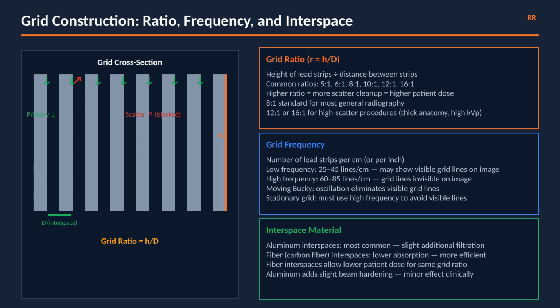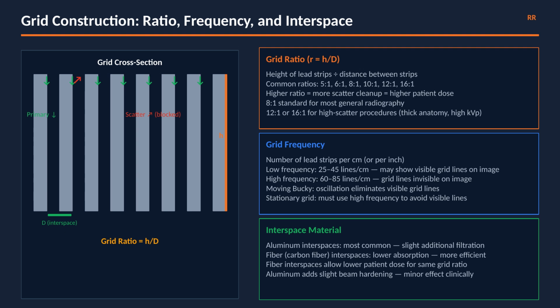Grid frequency, the number of lead strips per centimeter or per inch. Low frequency, 25 to 45 lines per centimeter. These grids may show visible grid lines on the image. Distracting but not always a diagnostic failure. High frequency, 60 to 85 lines per centimeter. Grid lines invisible on the image.